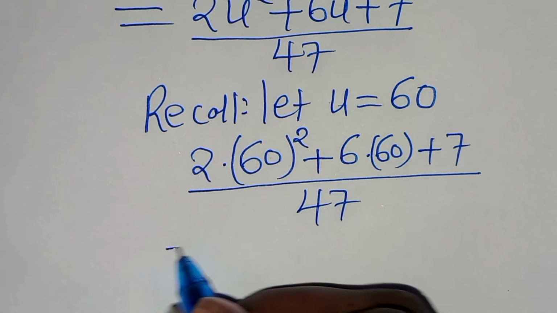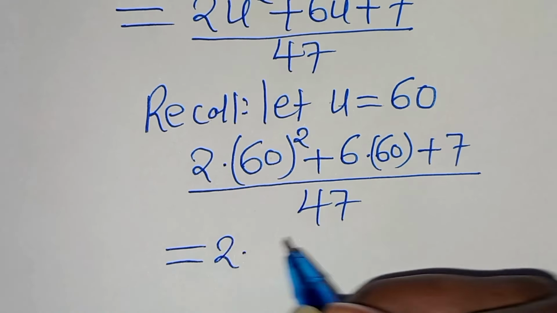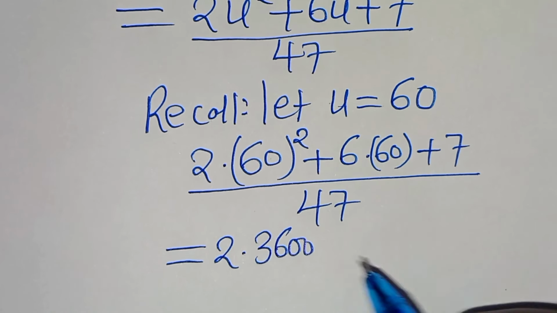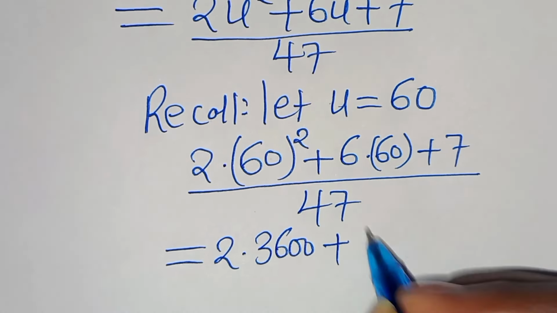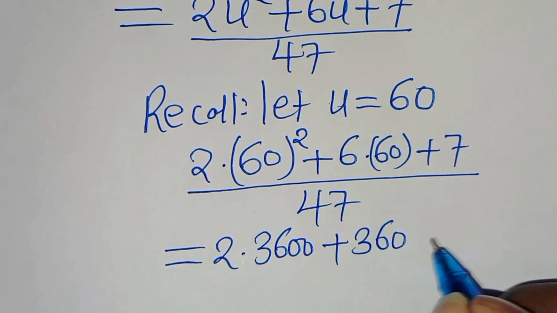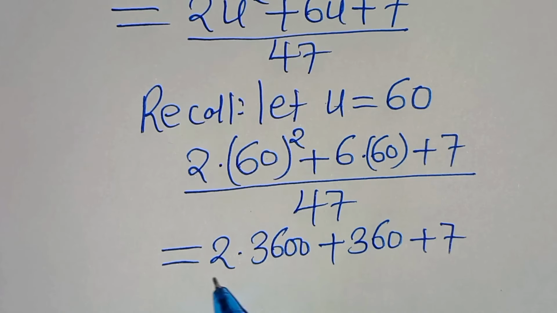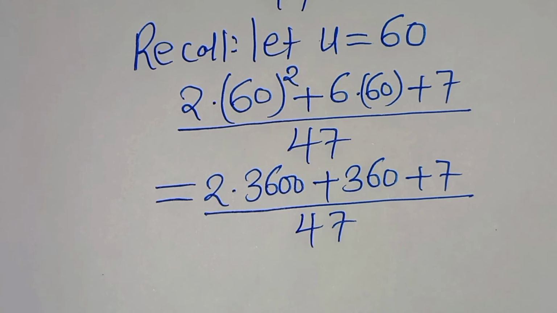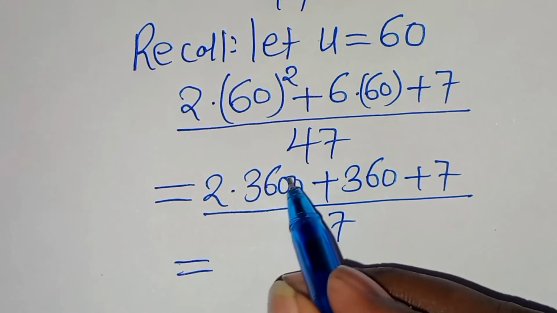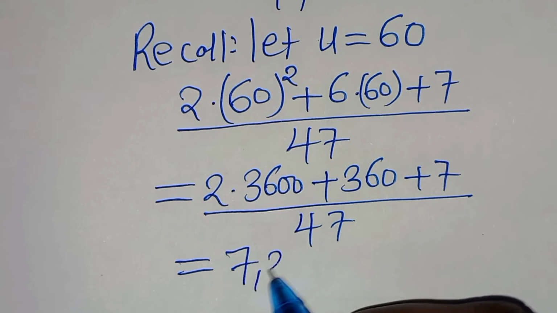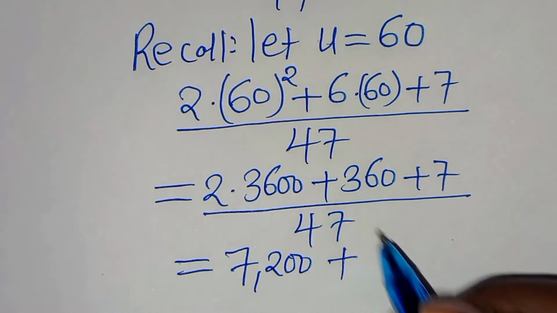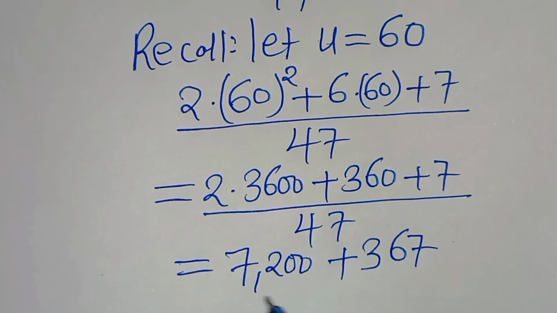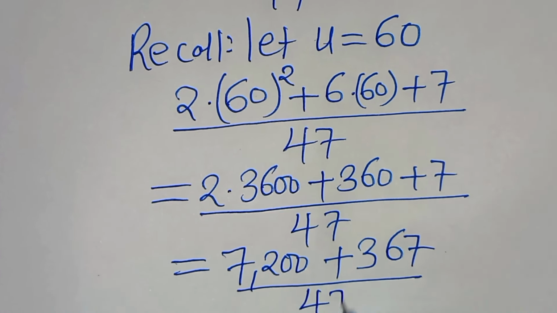Now, this implies that 2 multiplied by 60 squared, this is 7,200, then plus 60 times 6, this is 360, then plus 7, everything divided by 47. So 360 plus 7 is 367, everything here divided by 47.